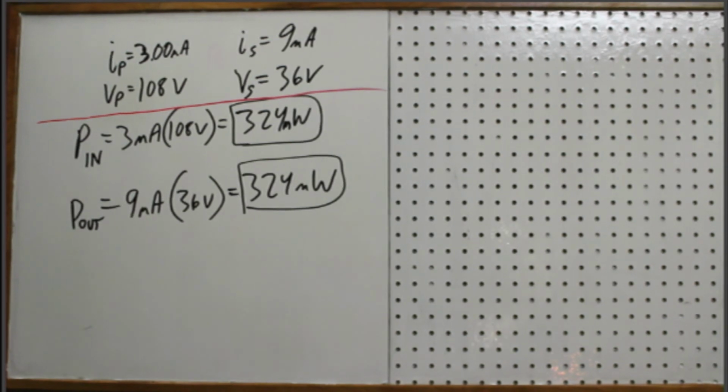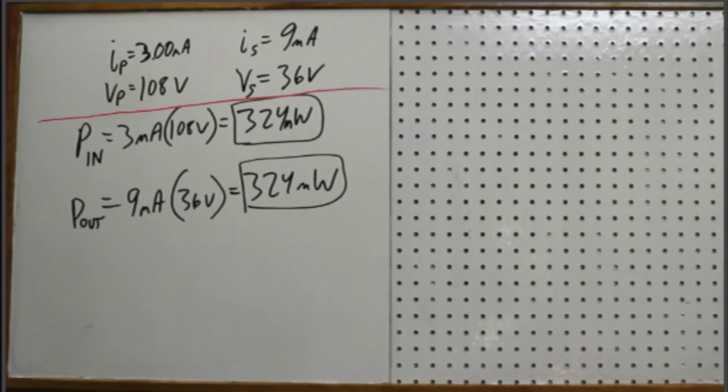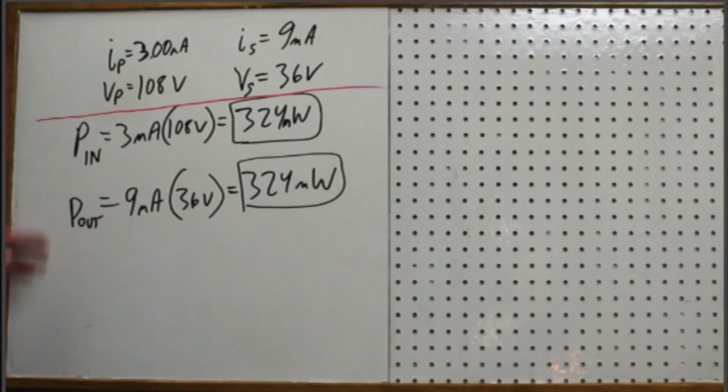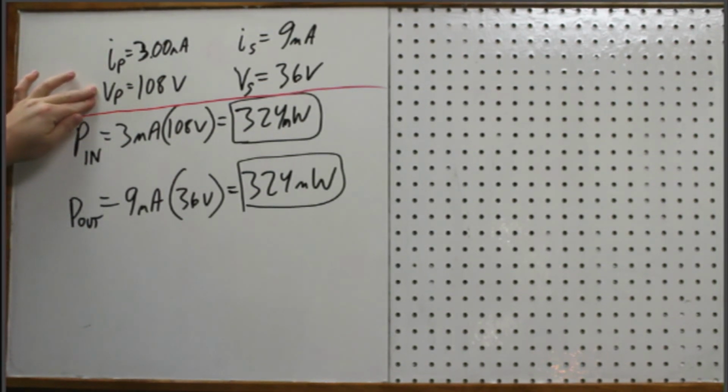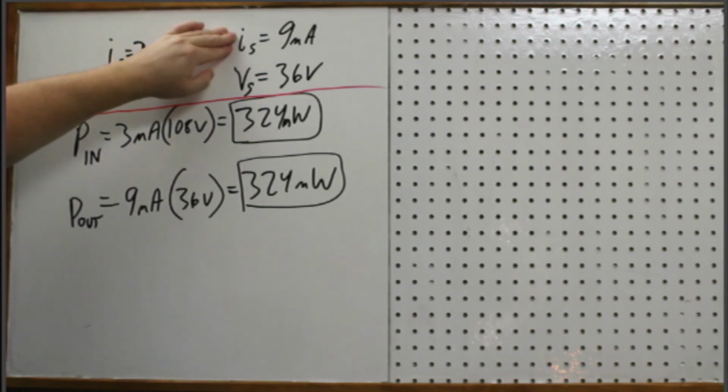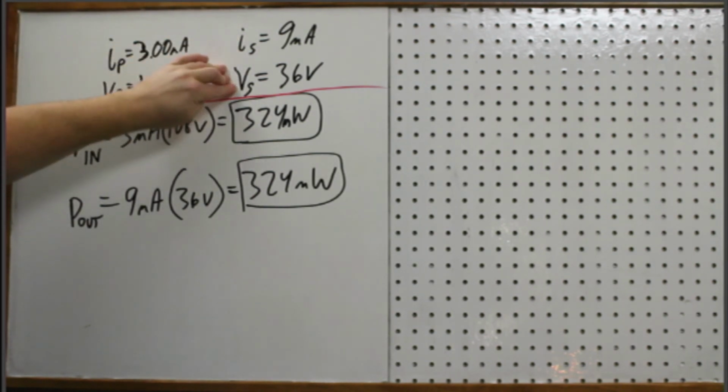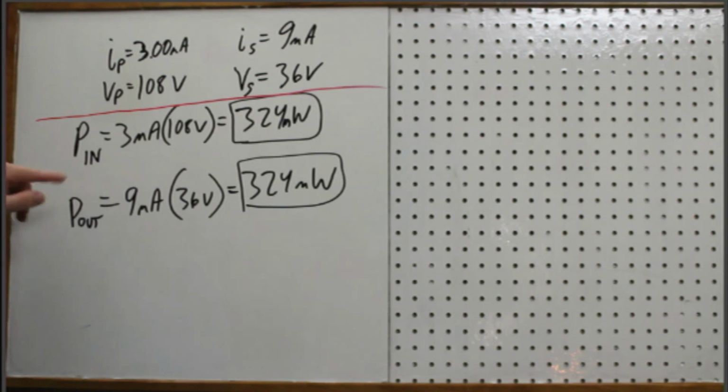Before we do that, I said I was going to look at the power out and the power in. So here's the calculation for these. We calculated that we had 3 milliamps of current on the primary, 108 volts on the primary. We also said we had 9 milliamps of current on the secondary and only 36 volts on the secondary. So if we do our simple P equals V times I, there's 324 milliwatts on the primary.